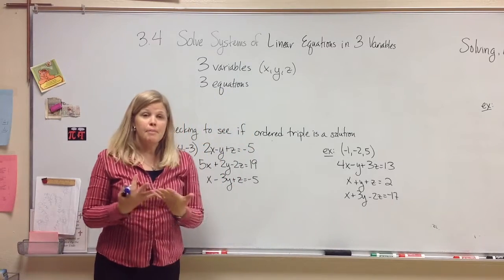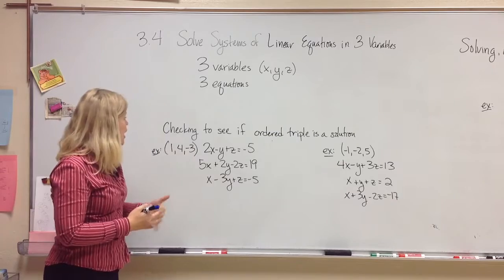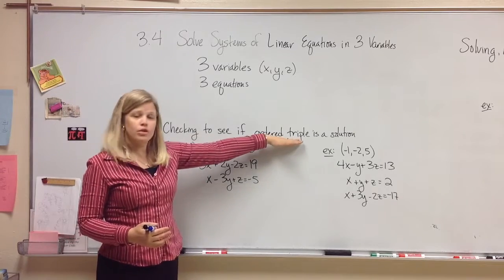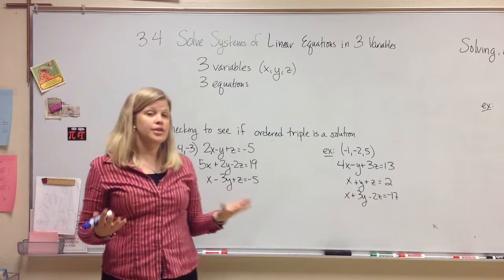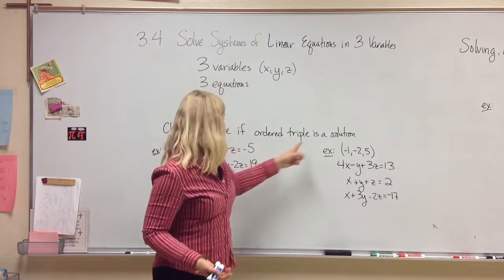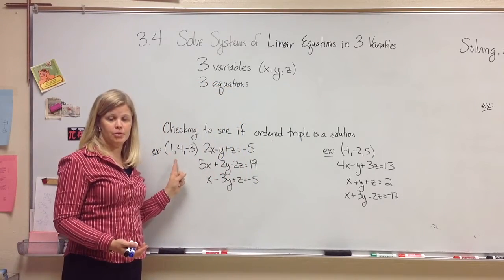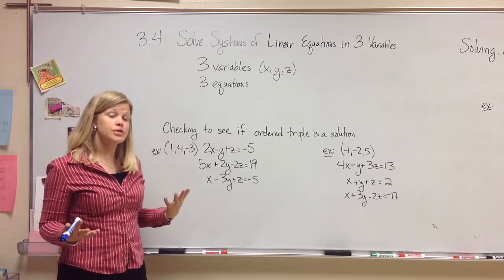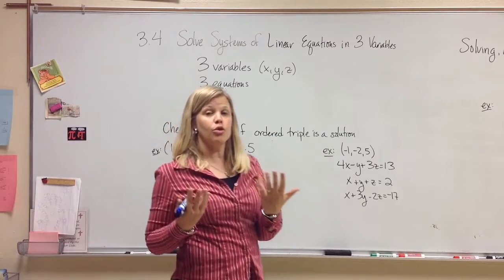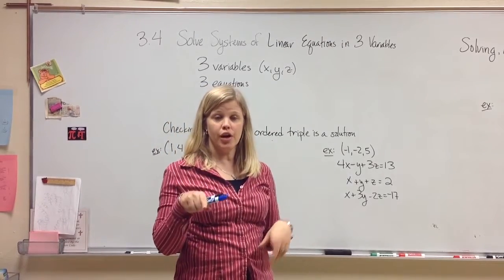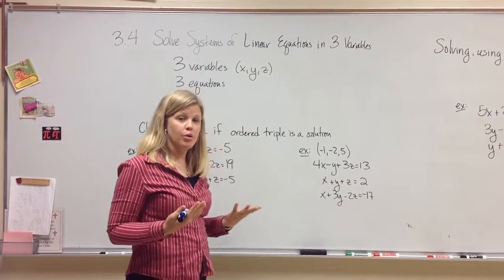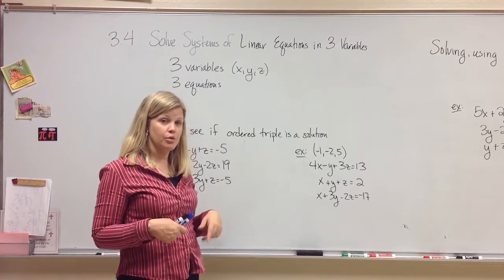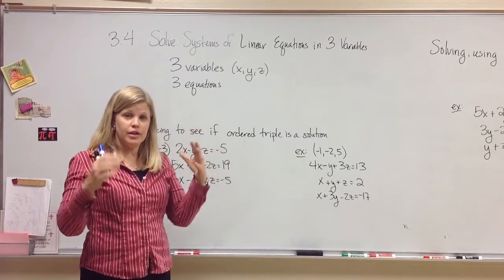Okay? One of the biggest things I'm going to ask you to do is I want you to see if an ordered triple is a solution. Now, if you think about that, triple means there's 3 numbers, an x, a y, and a z. You used to do things like checking to see if the ordered pair was a solution. You put in for x and you put in for y, and you wanted to see, is the equation you've written true?